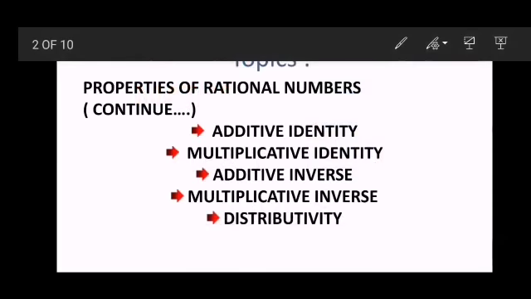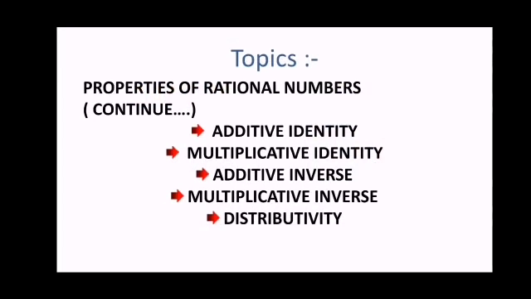Let's proceed further to learn more properties of rational numbers, which are additive identity, multiplicative identity, additive inverse, multiplicative inverse and distributivity.